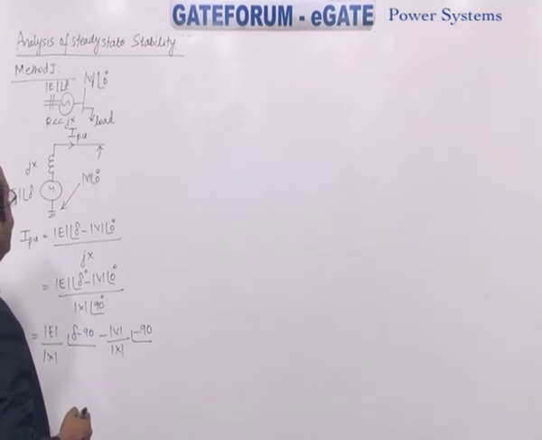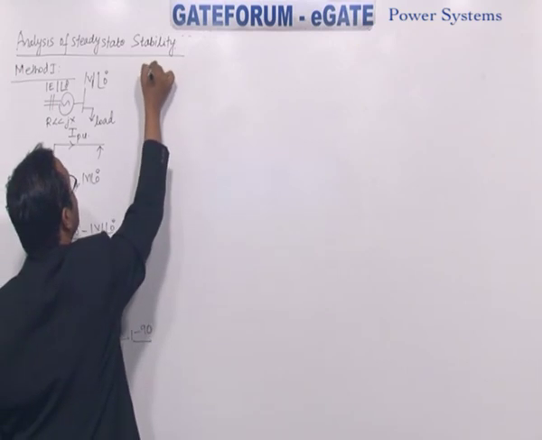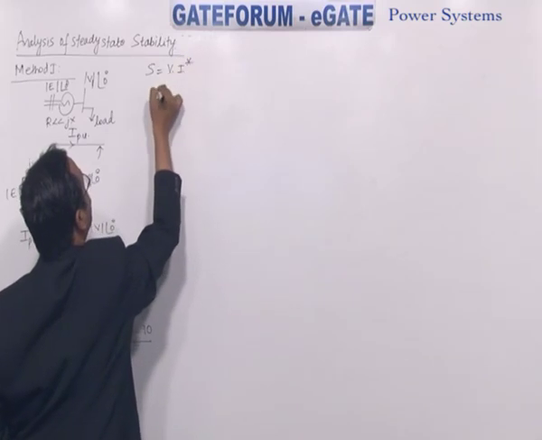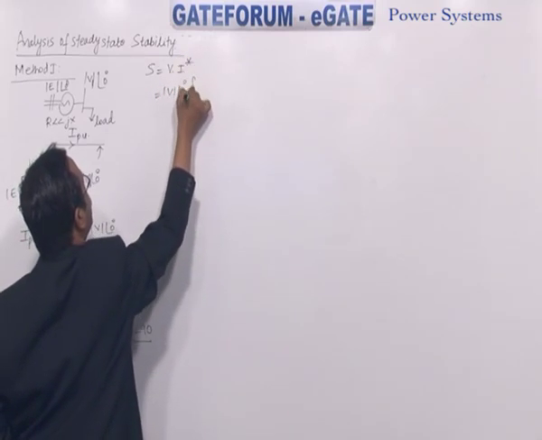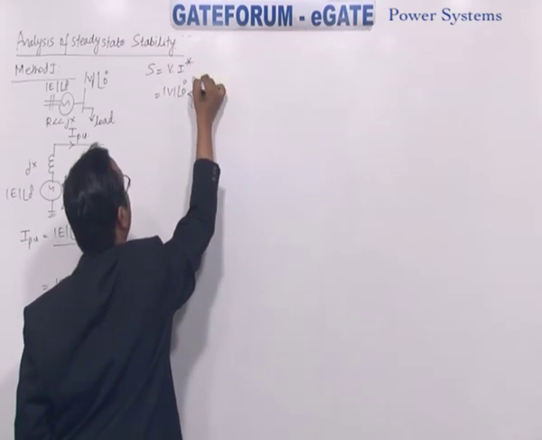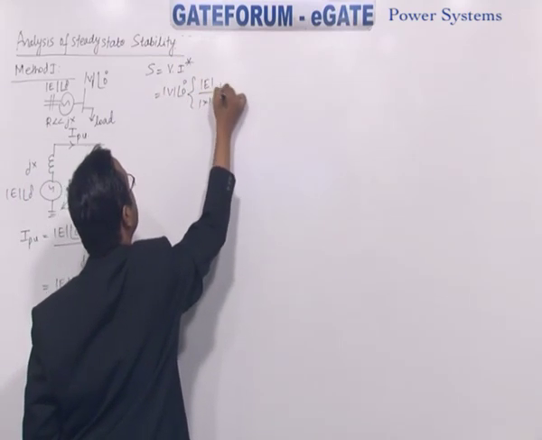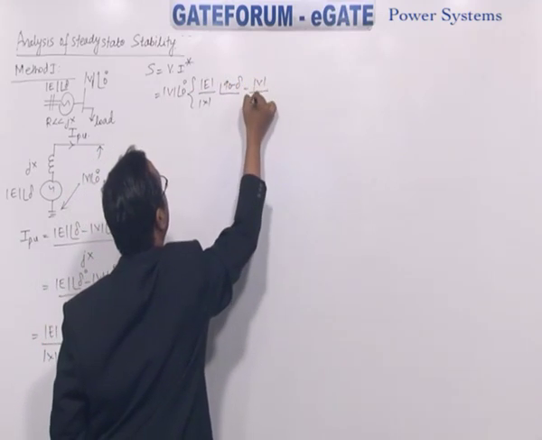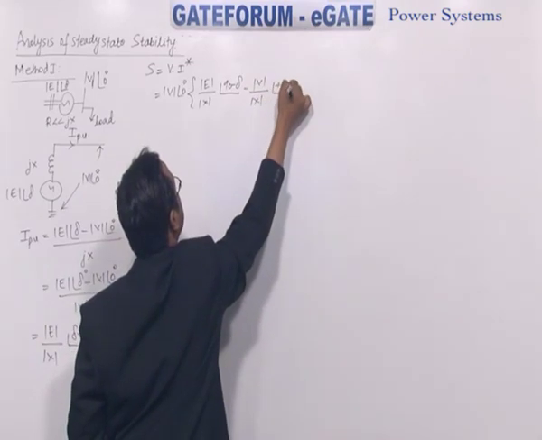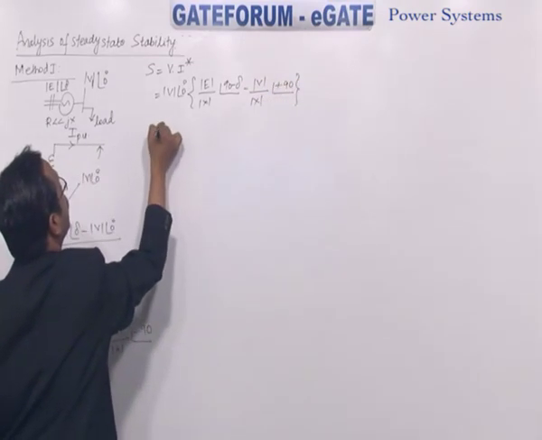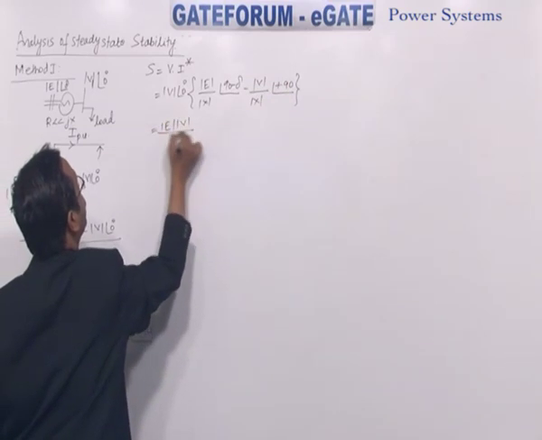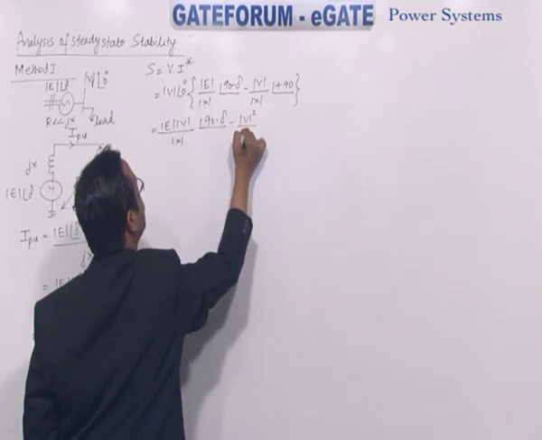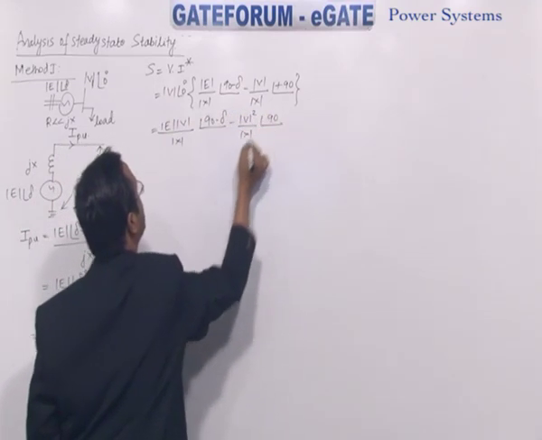Now how do you find the complex power S? It is V I conjugate. So V at angle 0, I conjugate, how do you write? E by X at angle 90 minus delta, minus V by X at angle 90. So how much do you get now? EV by X at angle 90 minus delta, minus V square by X at angle 90.